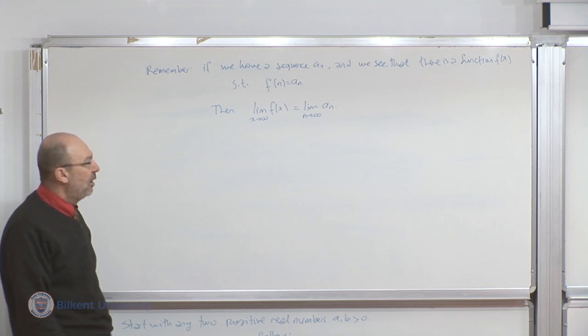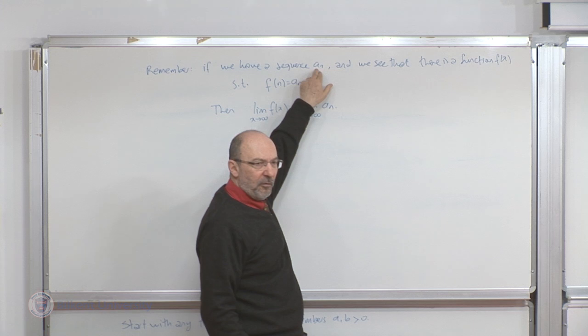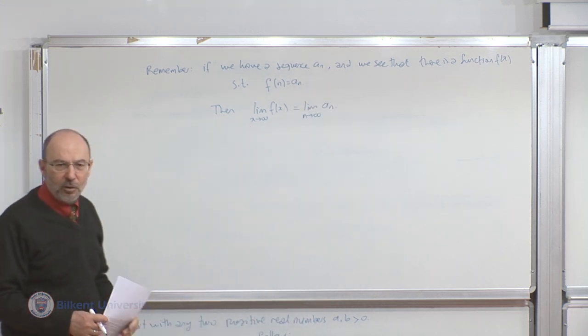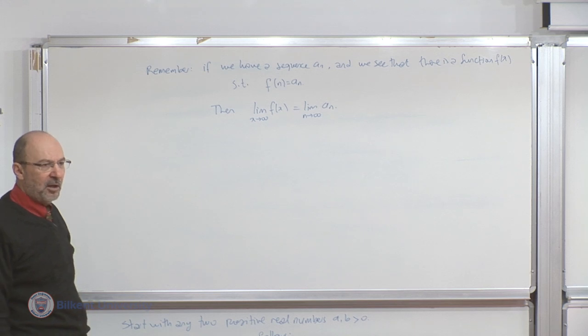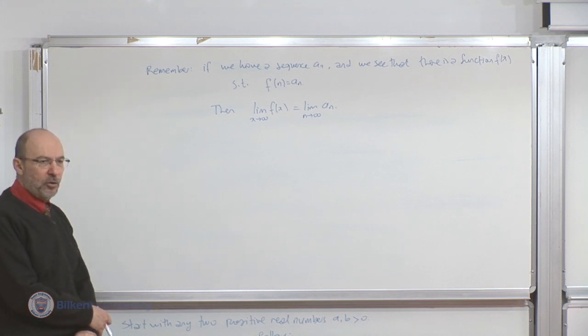Most of the time, if you cannot immediately see what the limit is by just looking at the formula, it means that it is an indeterminate form. Okay, so it's probably a rational expression where both the numerator and denominator either go to 0 or go to infinity. So it's not easy to decide which one wins. And then you use L'Hopital.